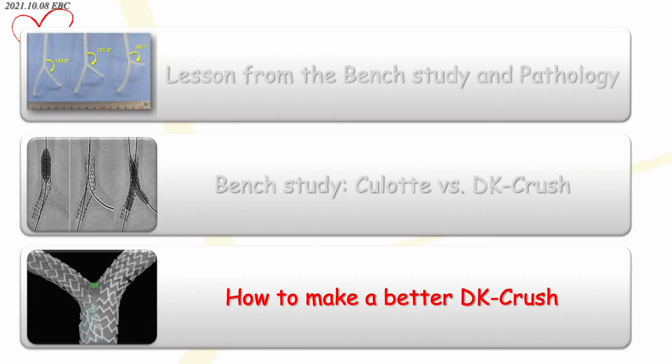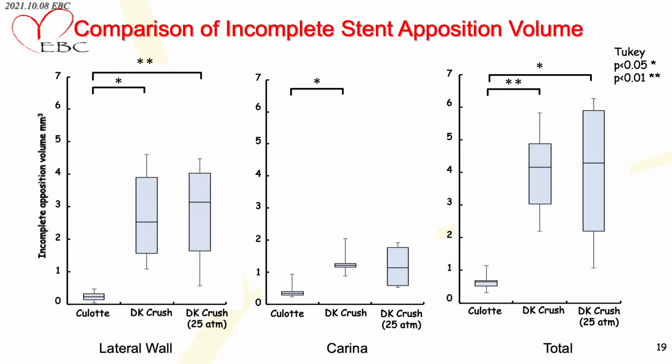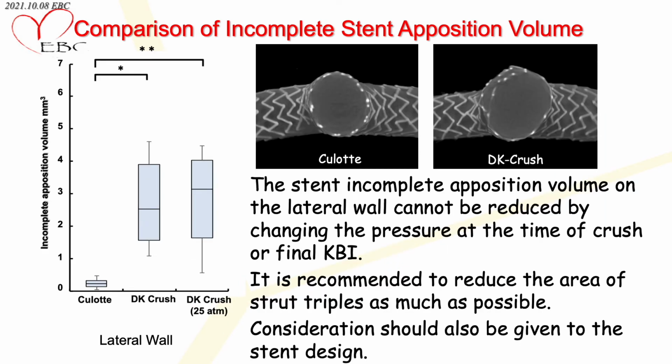From these results, consider how to get a better result. Here is a result of comparing the three groups. The stent incomplete apposition volume on the lateral wall can be reduced by changing the pressure at the time of crush or final KBI. It is recommended to reduce the area of strut overlap as much as possible.